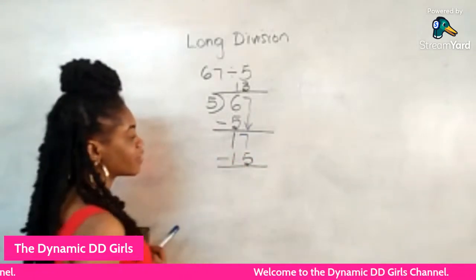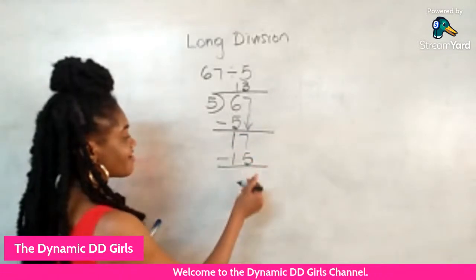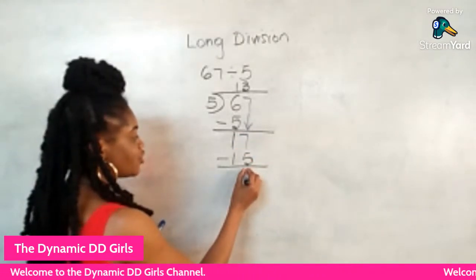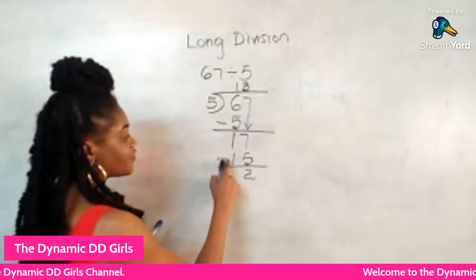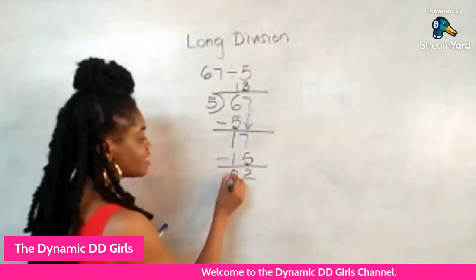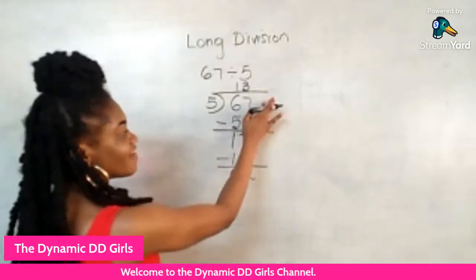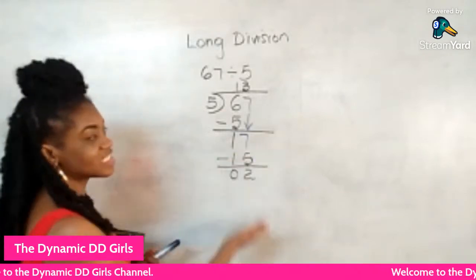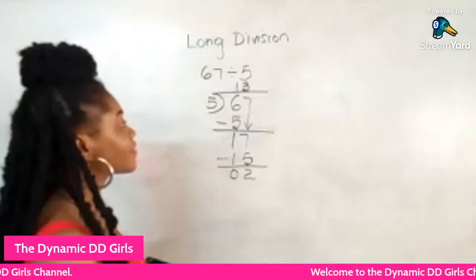And of course, we're going to take away 15 from 17. You are left with how much? You are left with 2. So we don't have a next number to bring down. And of course, this is the end of this problem.